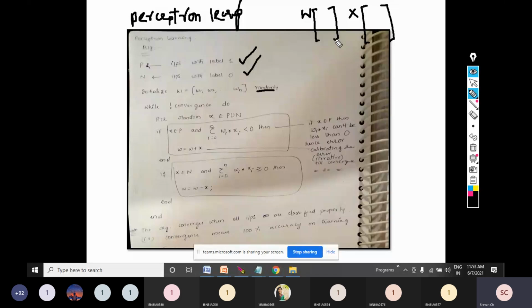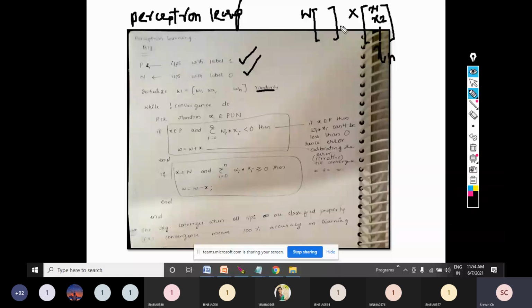Here X is one vector which represents x1, x2, up to xn. If there are 10 inputs, it will be x1 to x10.